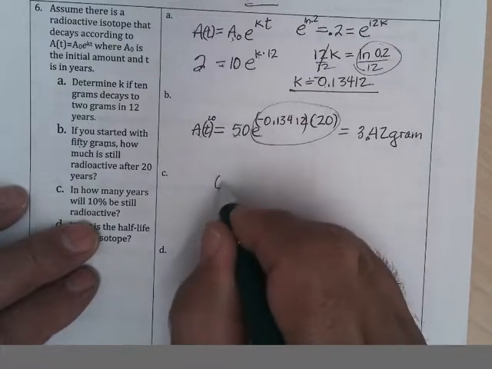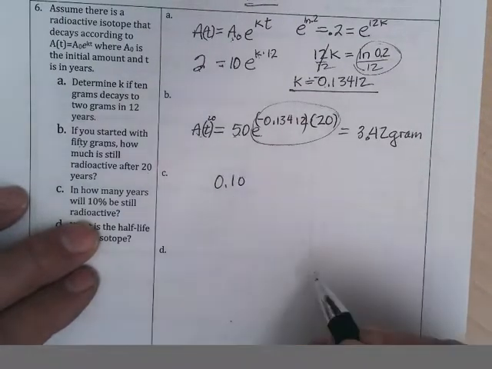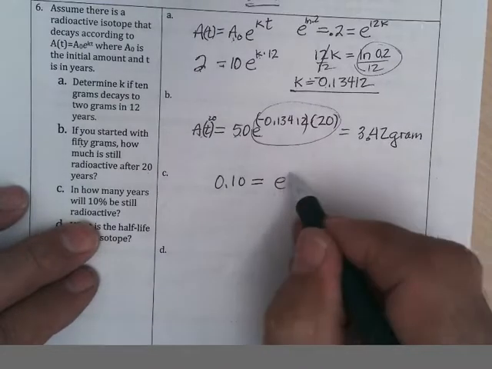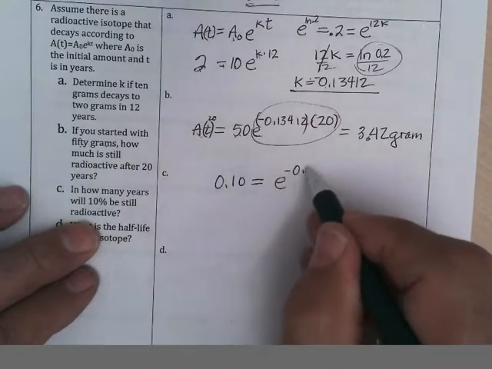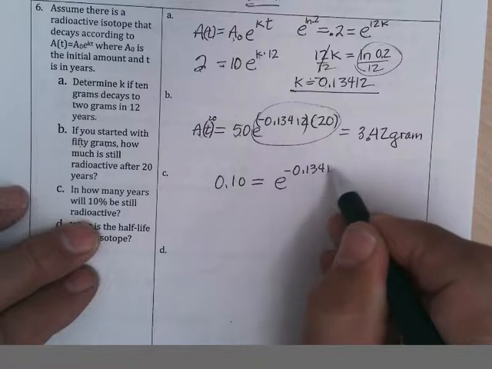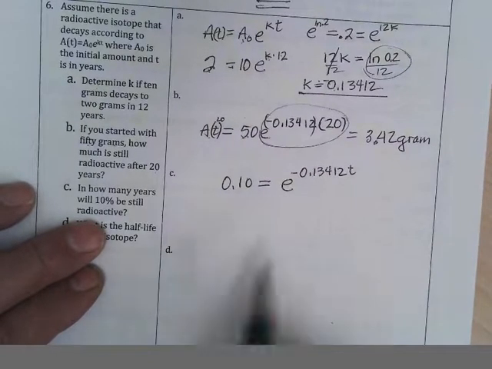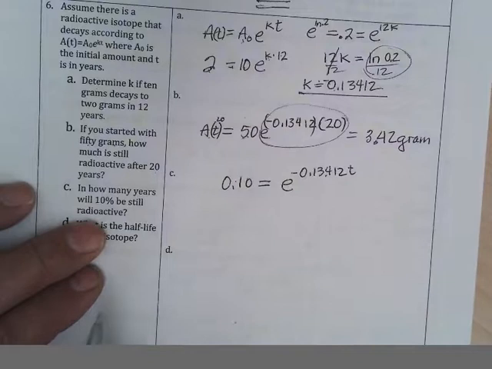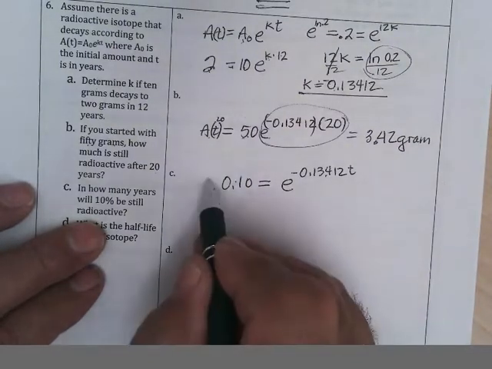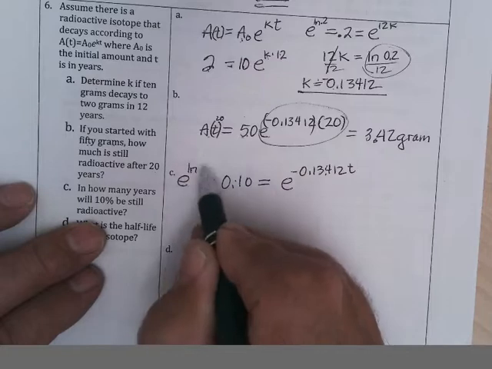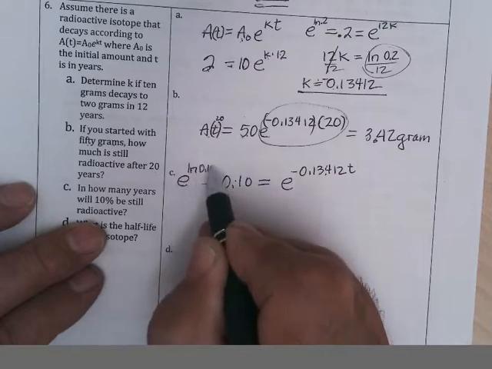So 0.10, 10% in decimal, would have to be e to the negative 0.13412 t, or x, or whatever. And we could graph that and graph that, and find the intersection. Or we can write this in base e, which would be e to the ln of 0.10.